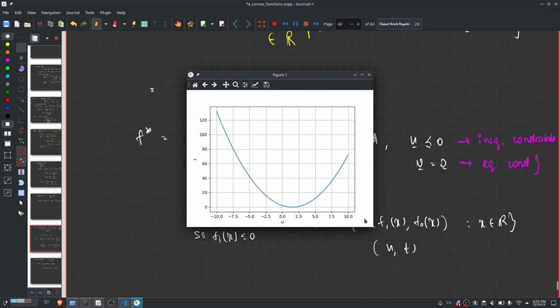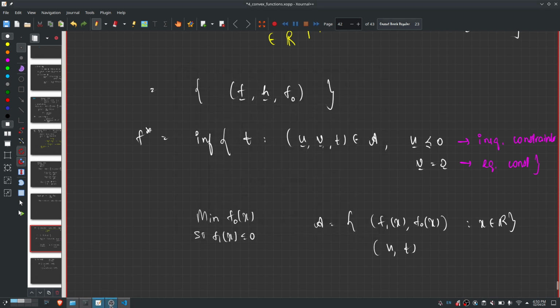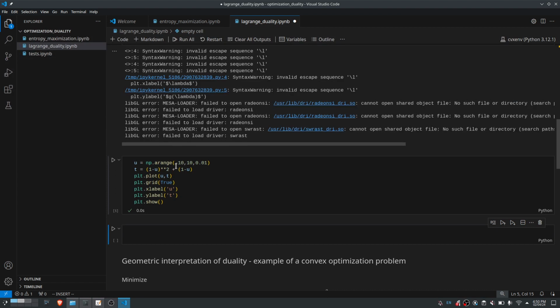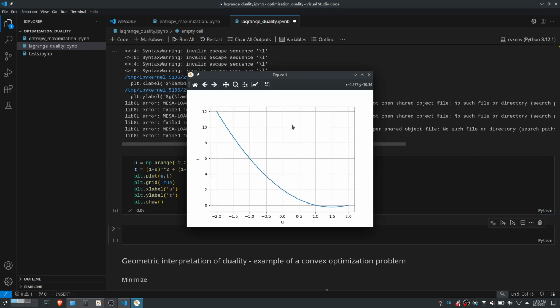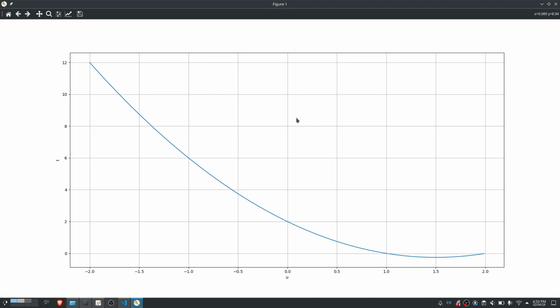In this particular case, maybe this was too wide a range, so let me plot this for a smaller range of u, say -2 to +2. You look at the left half of 0.